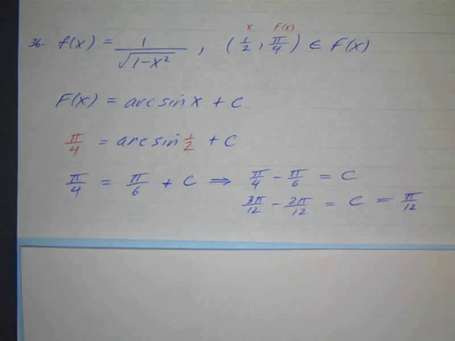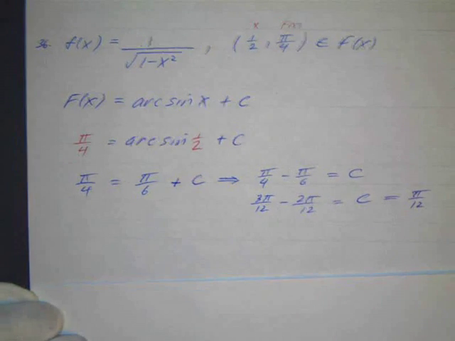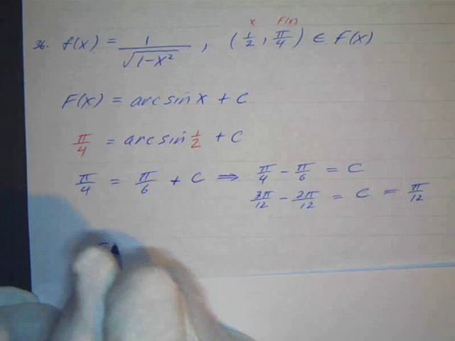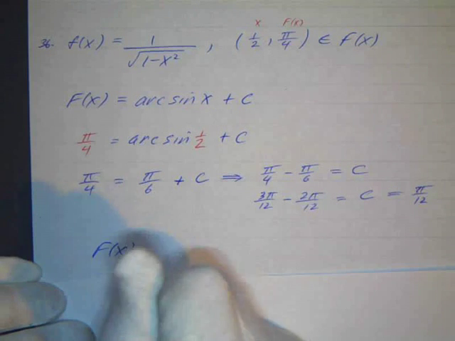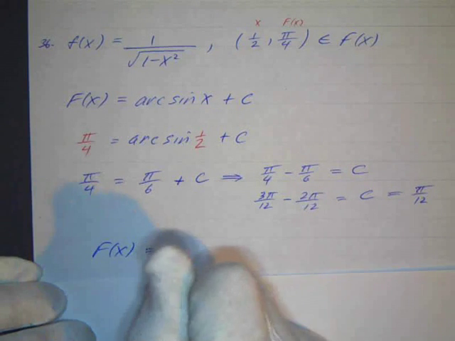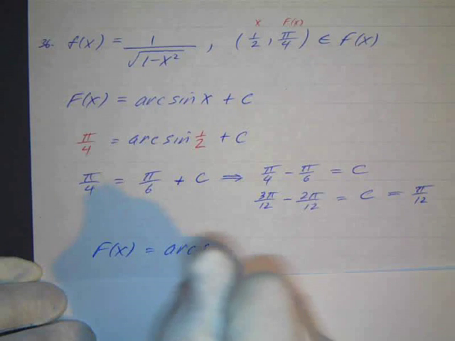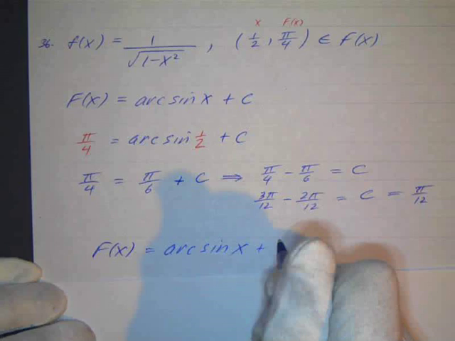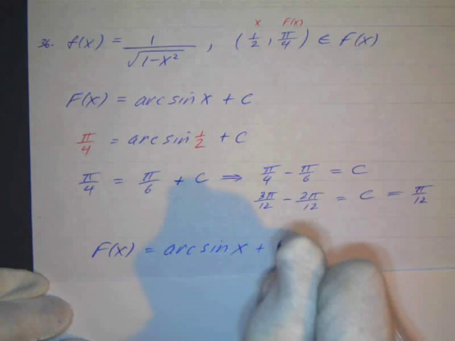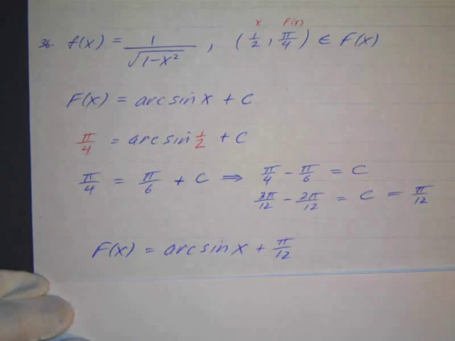Okay, so there's your c. So capital F of x, the antiderivative, equals the arc sine of x plus pi over 12. So there you go.